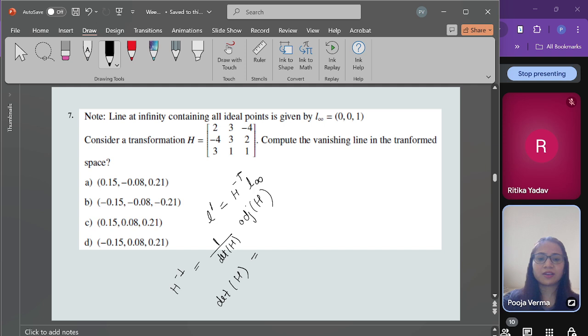Please calculate the determinant at least. Any one of you, can you calculate?